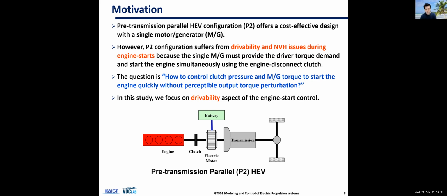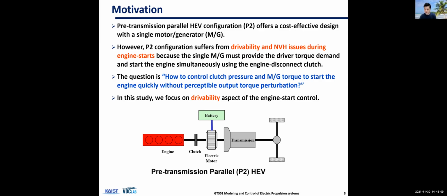And in that case, you need to somehow start the engine, right? Because when engine is not rotating, engine cannot self-propel, unlike electric motor. Electric motor can provide torque when speed is 0, but engine cannot do that.